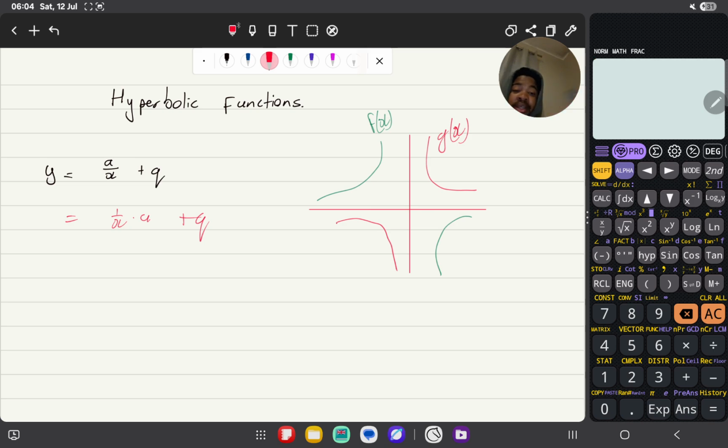So I think the easiest is to talk about q first. This q is going to tell you something. This is where we introduce a line that we call an asymptote. An asymptote is a line, so we can say this would be your asymptote.